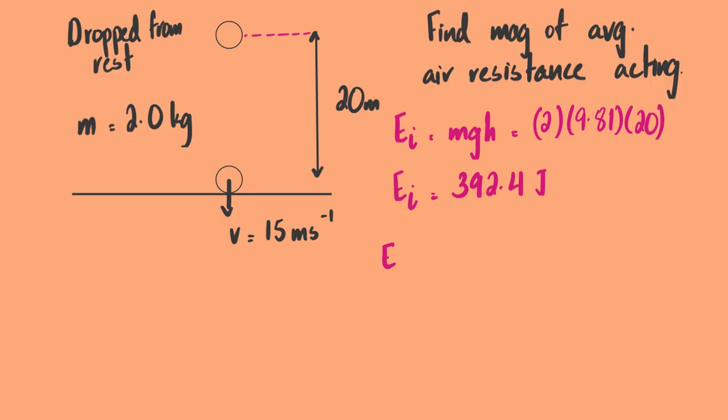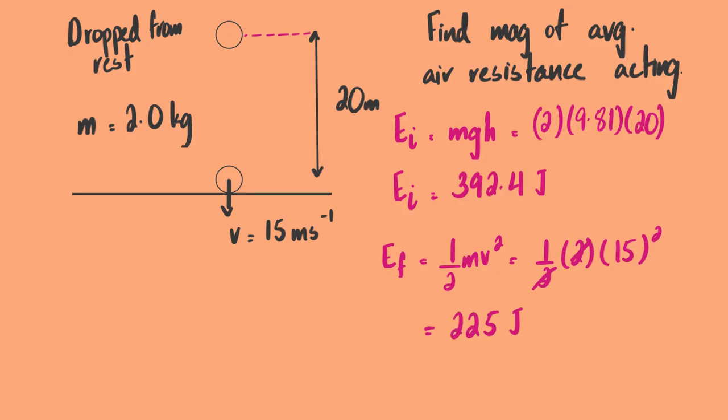Similarly, I can find the final energy, which is only kinetic energy, my bad, because this is literally at the point from which we are measuring the height. So no potential energy here. So half into 2 into 15 squared, which is just 15 squared. And if my mental math serves me right, that's 225 joules.